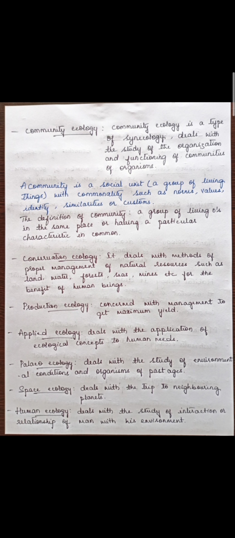The definition of community can be given as a group of living organisms in the same place or having particular characteristics in common. Those organisms are known as a community.